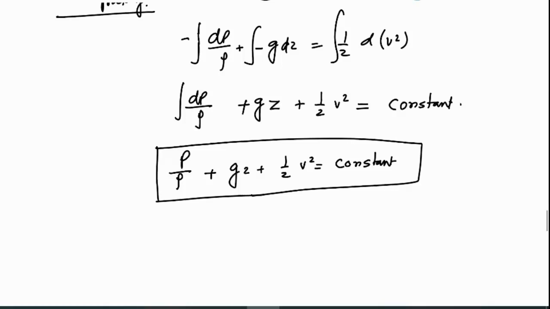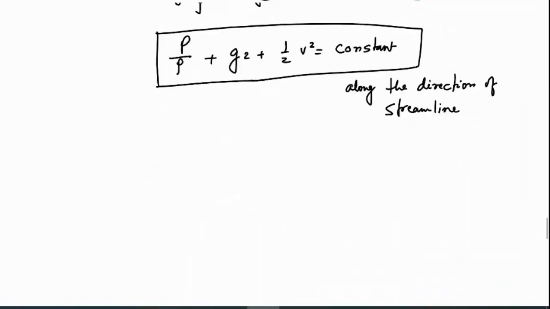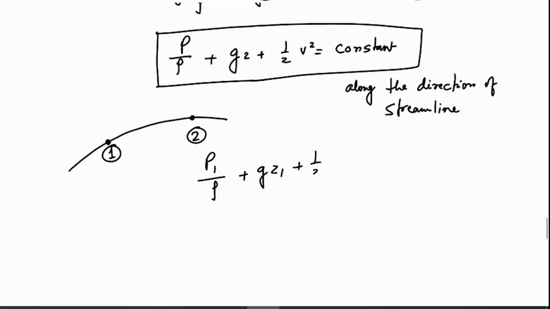So this value is constant along the direction of the streamline. This means if you want to apply this equation at two locations, at point 1 and at point 2, you can write P1 divided by rho plus g Z1 plus half V square.